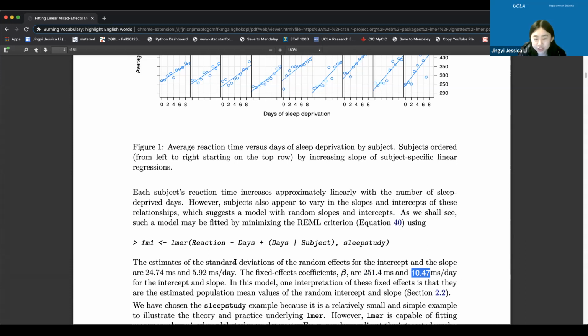If you recall, these are what I wrote as omega 0 and omega 1 for the two distributions of the intercepts and the slopes. You're going to estimate them as this and this. This reflects how the intercepts vary across subjects, and this is about how the slope varies across subjects. So you're going to get those outputs from the R package.